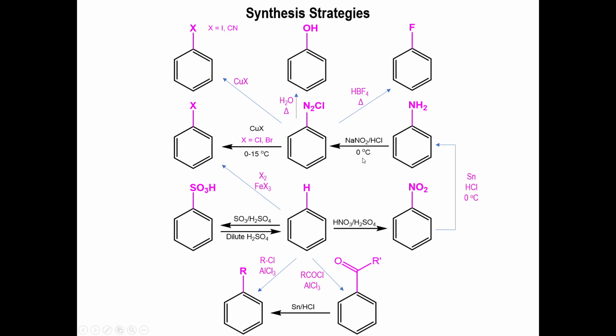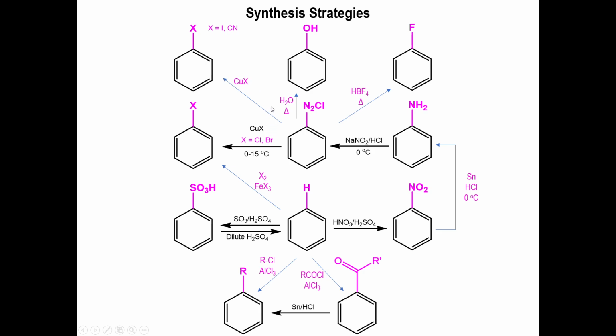You can generate the diazonium salt, which becomes the big entry point to installing a variety of substituents. You can install halogens such as chloro, bromo, but you could also install the iodo and the cyano substituents by using copper 1 salts of the corresponding anion.